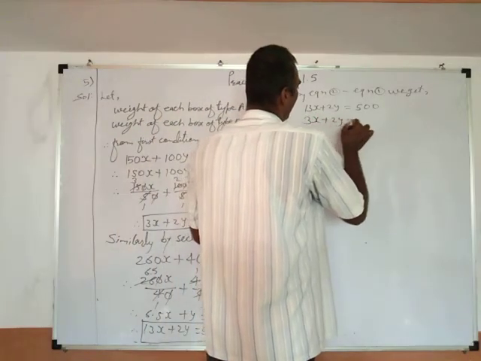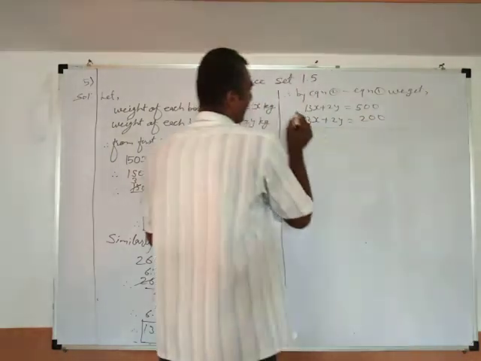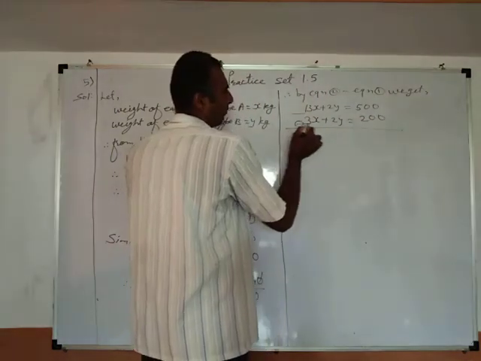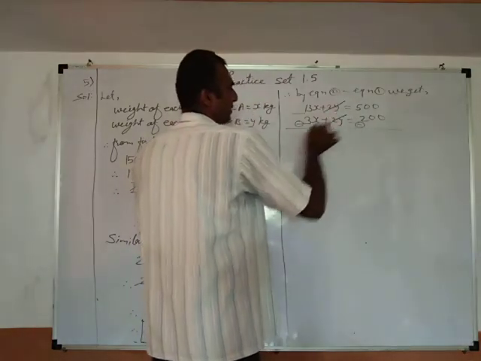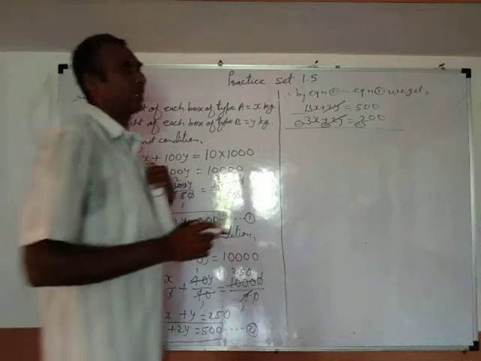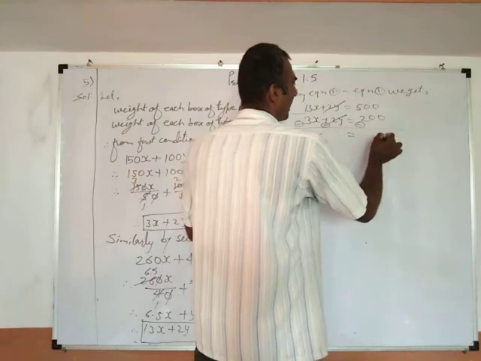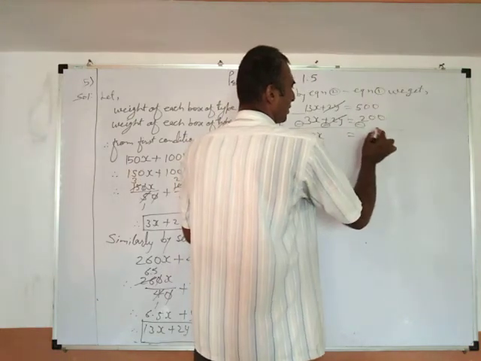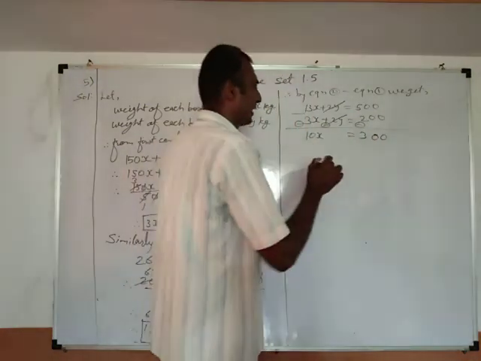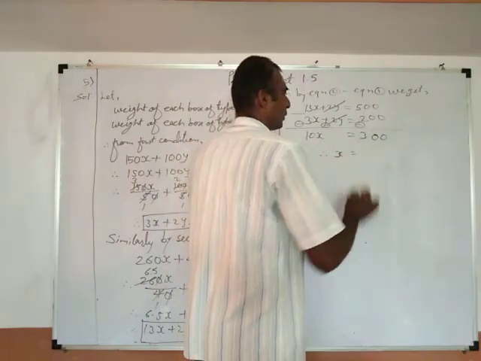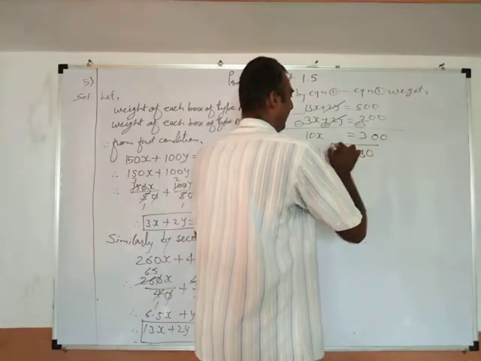As the operation is subtraction, plus will become minus, plus will become minus. Plus 2y cancels with minus 2y. 13x minus 3x gives us 10x. 0 minus 0 is 0, 0 minus 0 is 0, 5 minus 2 gives us 3. Means 10x equals 300, and therefore x equals 300 upon 10, means x equals 30.